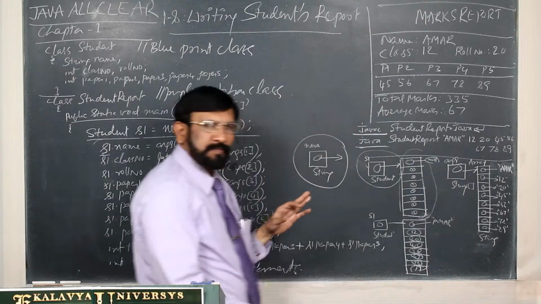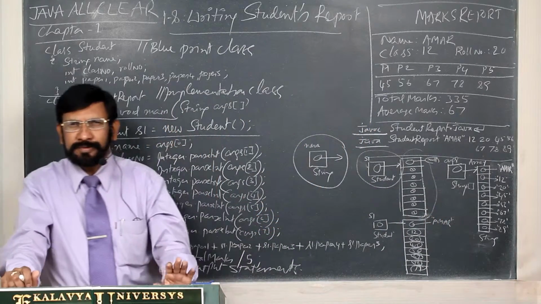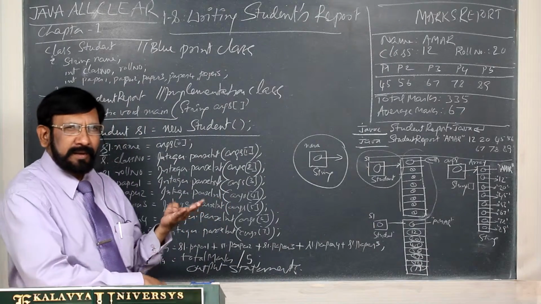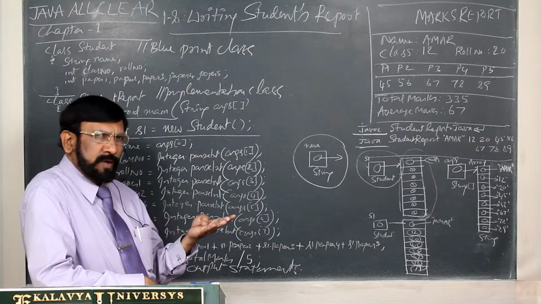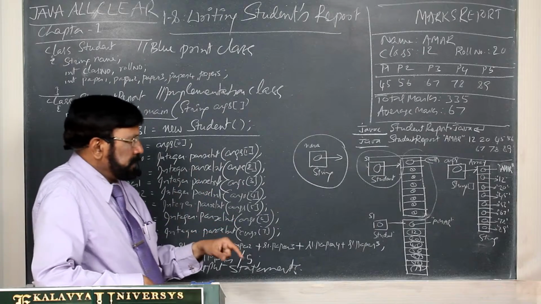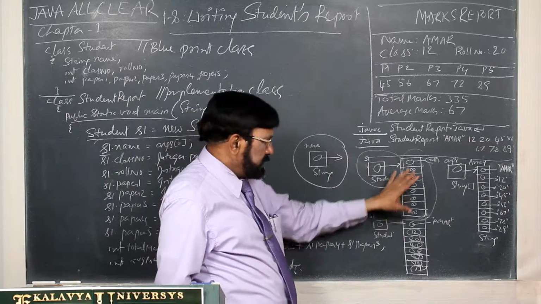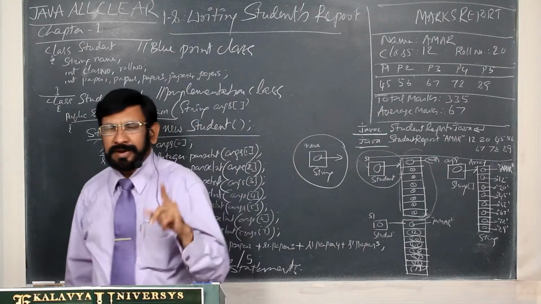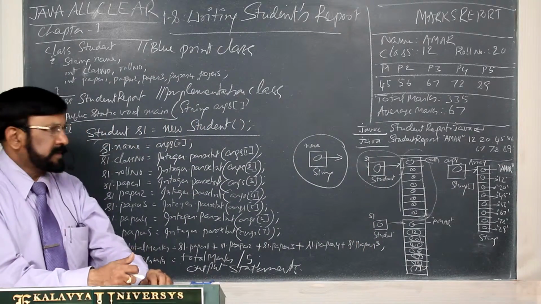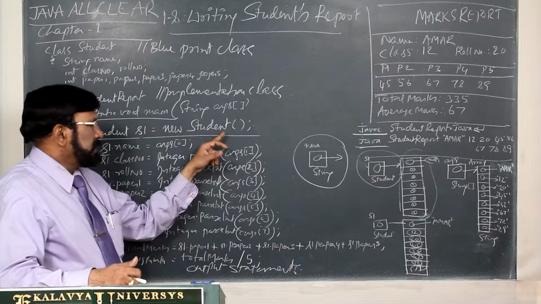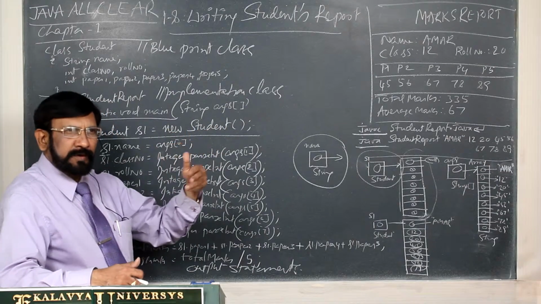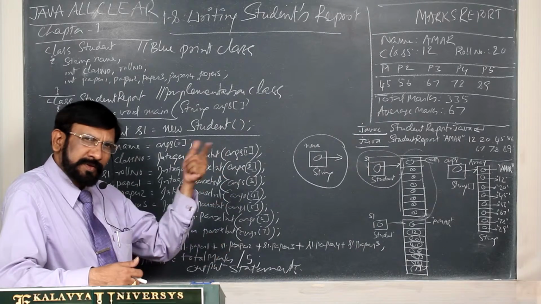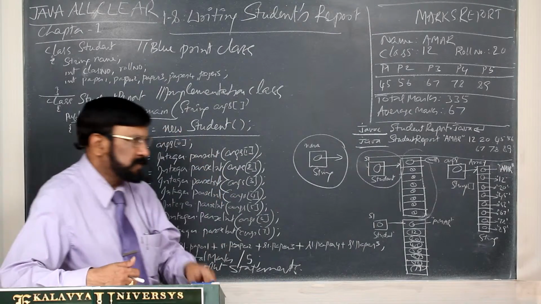This I amply explained. New performs 3 jobs. First job is get allocated required amount of memory on the heap. This is the memory on the heap is provided. Next one, it calls the constructor for the purpose of initializing all instance variables with corresponding default values.